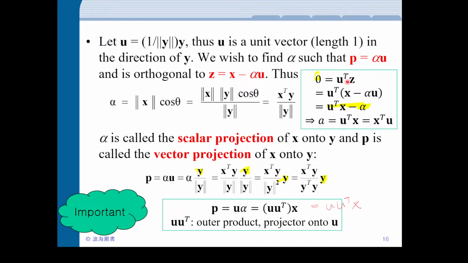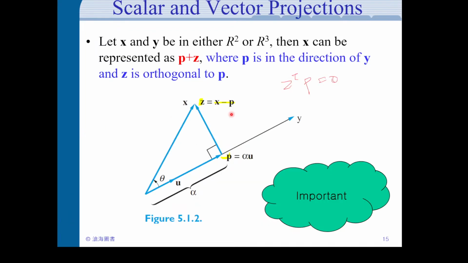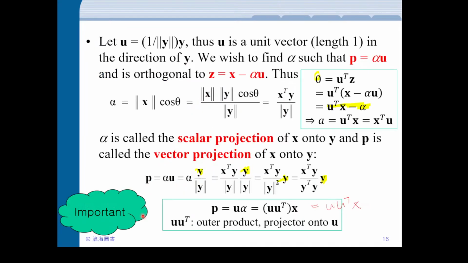Because u^T x is a 1 by 1 matrix, you can multiply your n by 1 matrix with a 1 by 1 matrix. And if you put this form, it is more obvious that you are doing a linear operation on your vector x. So you can also think of projection as a linear operation on your vector x, and the linear operation is multiplying with this matrix uu^T.